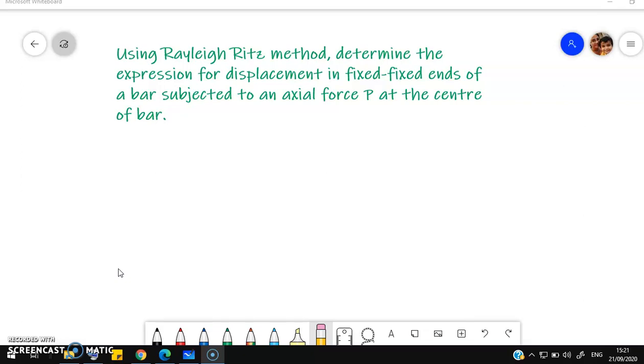Okay, so the derivation of this method is given to you all, and I am going to solve a problem. So this is our first problem. Using the Rayleigh-Ritz method, determine the expression for displacement in a fixed end bar. So that means both the ends are fixed, and it is subjected to an axial force P at the center of the bar.